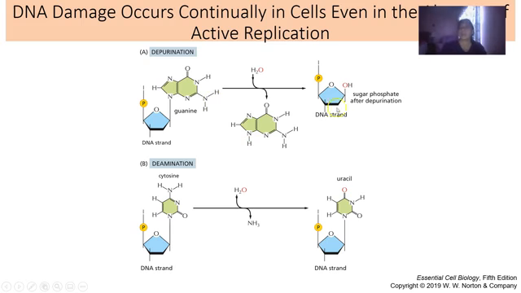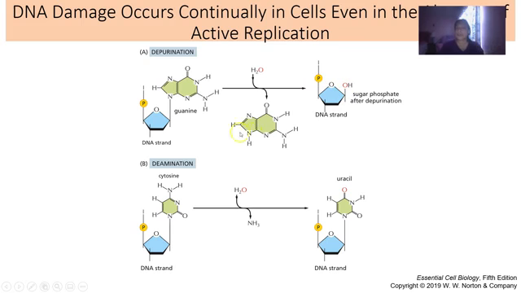So you end up with a sugar phosphate inside your sugar phosphate backbone, with a hydroxyl on one side instead of where the base would normally be. And so that can cause your base to be removed.